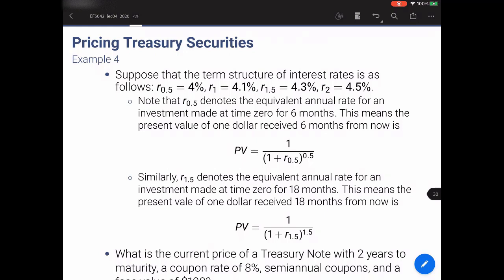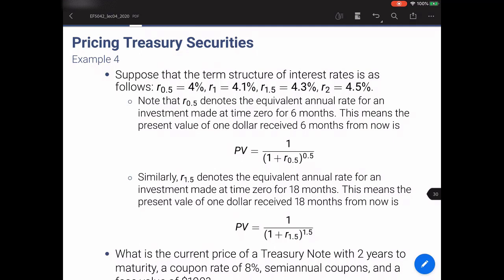We have a 6-month annual effective rate of 4%, a 1-year interest rate of 4.1%, a 1.5 year interest rate of 4.3%, and lastly a 2-year interest rate of 4.5%. So note that each of these interest rates are EAR, so they're comparable across each other.